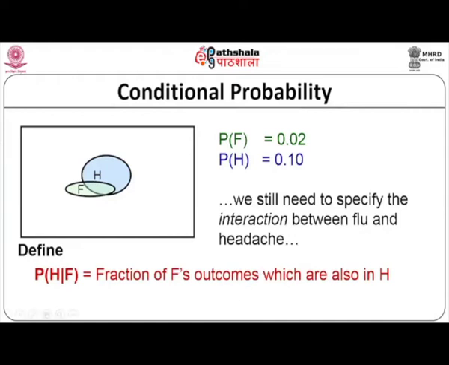So, here we are trying to define that if a patient has got flu, so this event has occurred, we are trying to find the chance for the patient to have a headache.